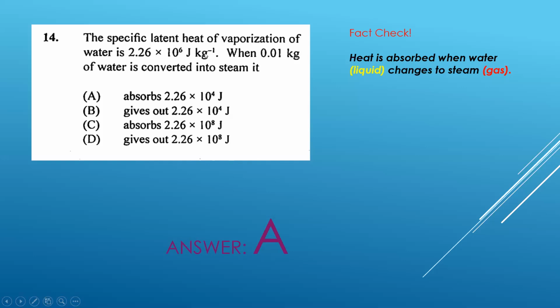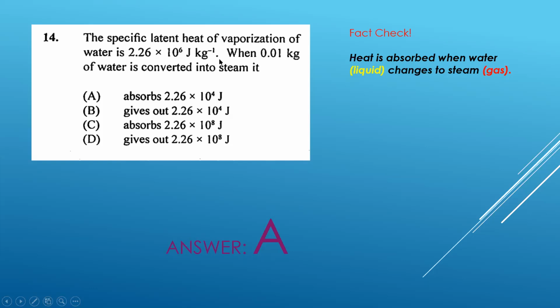Kilogram to the -1 is for each kilogram, it requires this amount of energy, 2.26 times 10 to the 6th power. But now you want to change only 0.01 kilograms of water into steam. What fraction of 1 kilogram is 0.01? All right, so that's 1 divided by 100.